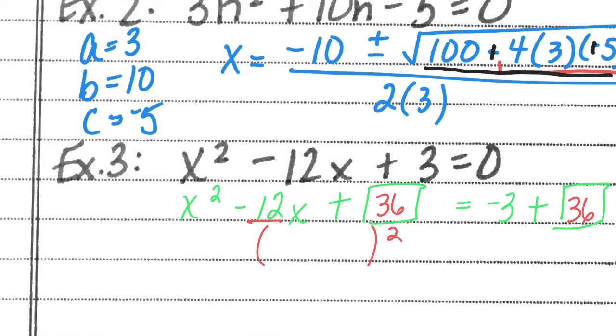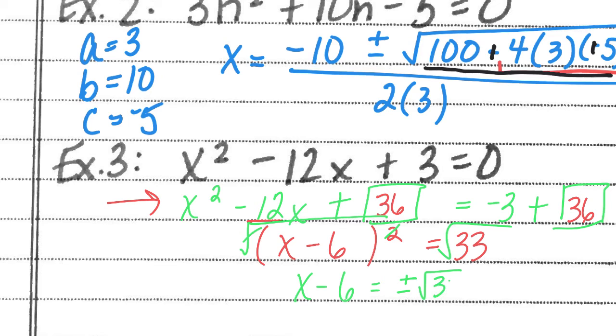We know that this can factor right here to be x minus 6 quantity squared. Negative 3 plus 36 is 33. When I take the square root of each side, I get x minus 6 equals plus or minus root 33. Don't forget your plus or minus. And when I add 6 over, I get 6 plus or minus root 33. Completing the square was a great option right there.